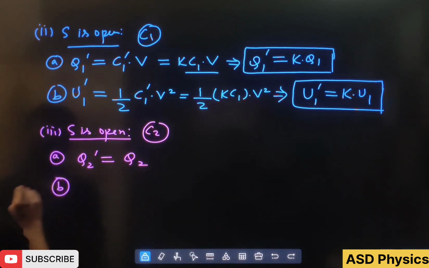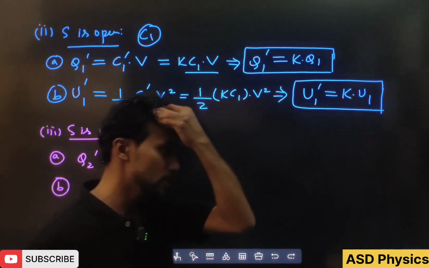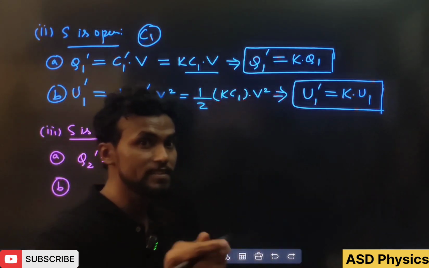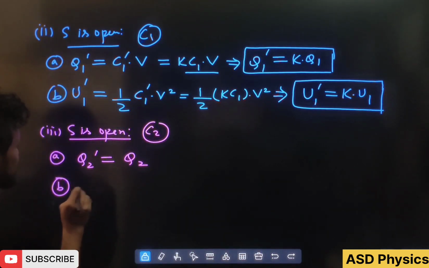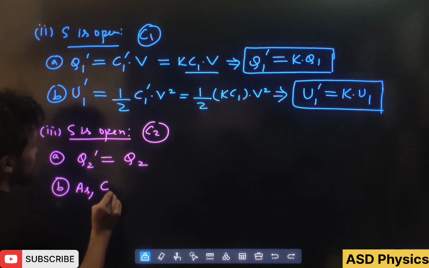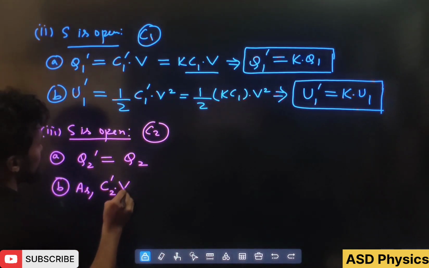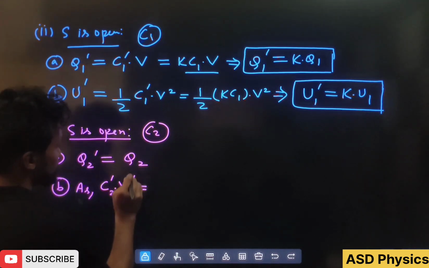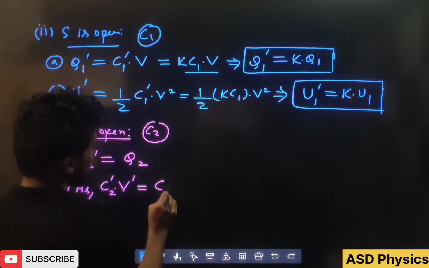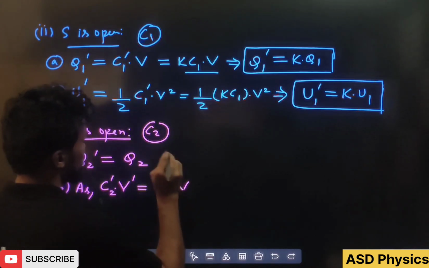Similarly, students, if I calculate the potential, because the battery is disconnected, some new potential will come. Q2 dash I can write as C2 dash into the new potential V dash, and Q2 is anyhow C2 into V. Correct?